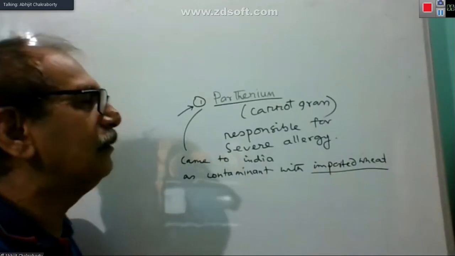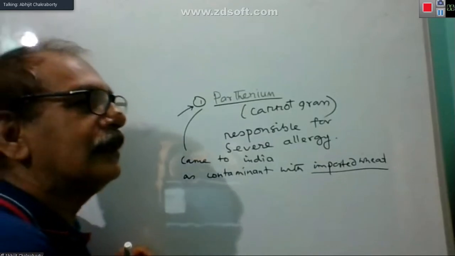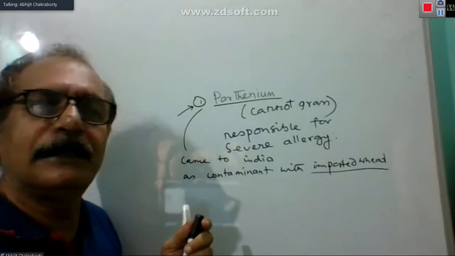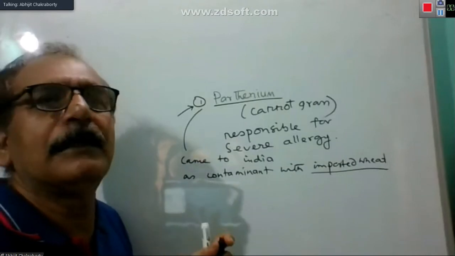Now, one thing I should tell you here, basically allergens and allergy. Allergens may vary. Pollen grain is one of the allergens. Dust may be an allergen.